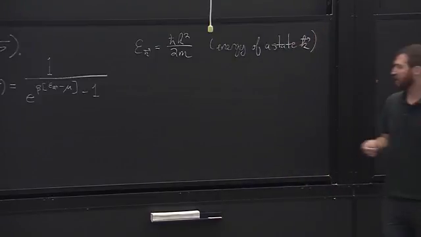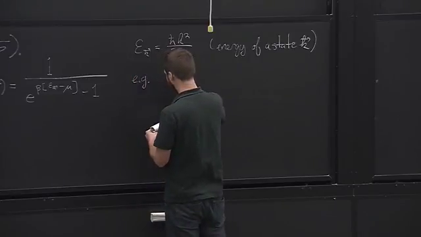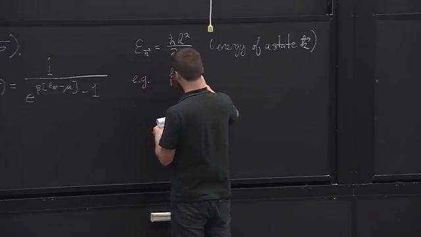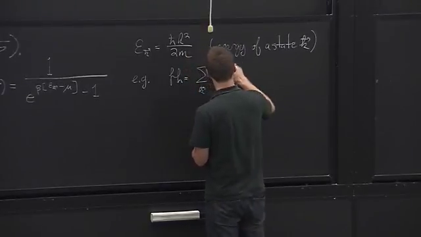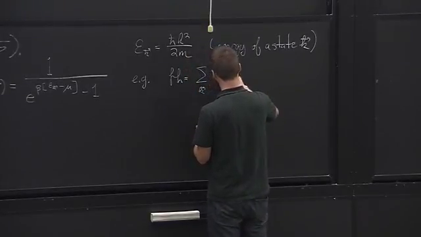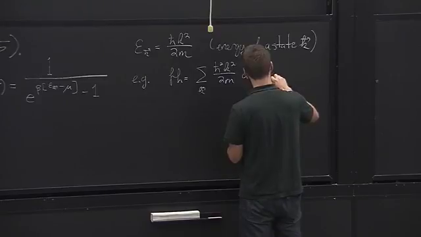And this would follow, for example, from a non-interacting Hamiltonian in second quantized language. So a dagger a.